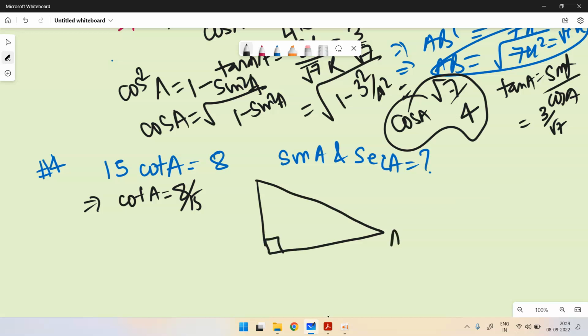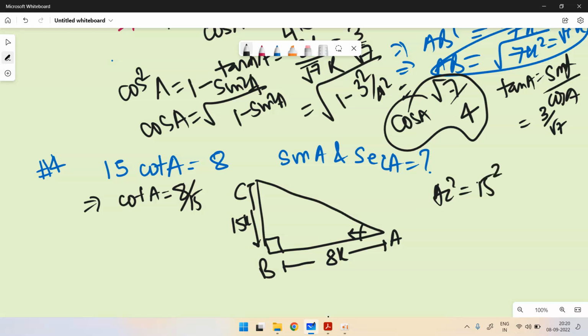This is ABC. For this angle A, this ratio is 8 by 15. If I take the common ratio as K, then cot A is base by perpendicular, so this will be 8K and this will be 15K. What will AC be? Applying the Pythagoras theorem, AC square is 15K square plus 8K square, which is 225K square plus 64K square.